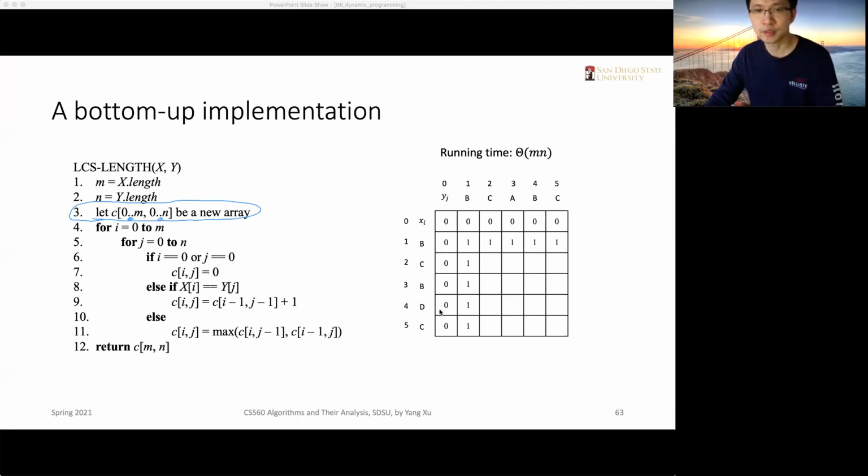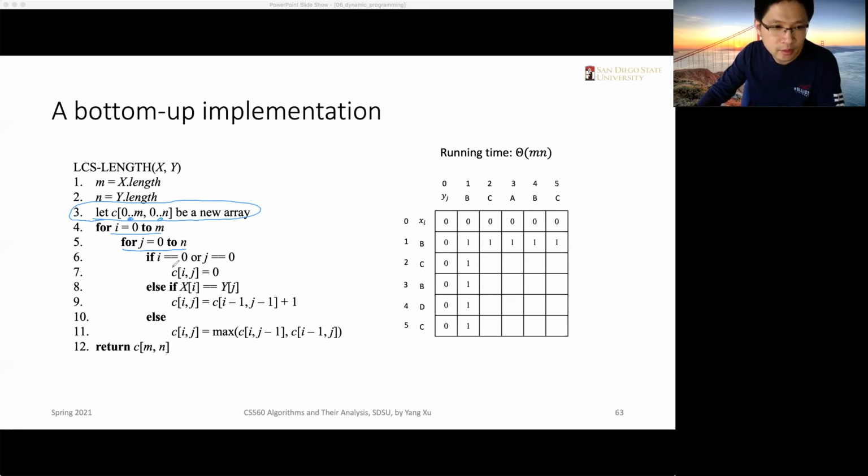Because the zeros are the smallest cases, because a sequence of zero length has 0 elements in it. So we will let the i and j iterate from smaller cases, so we can fill out the cells from the smallest subproblem.